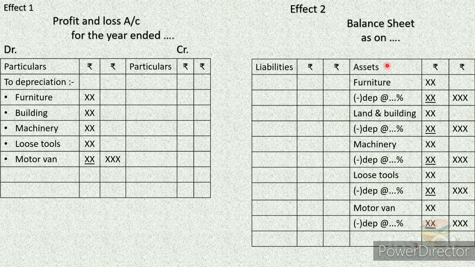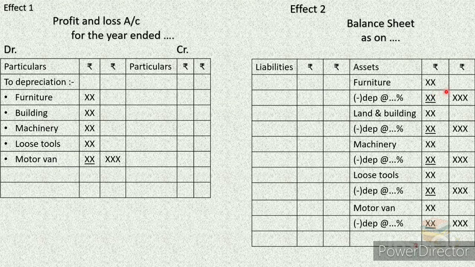Second effect in the balance sheet on the asset side. So for furniture, the amount of depreciation is subtracted and the answer written in the outer column. Sometimes in a question the amount of depreciation is given, and sometimes the question gives the percentage.